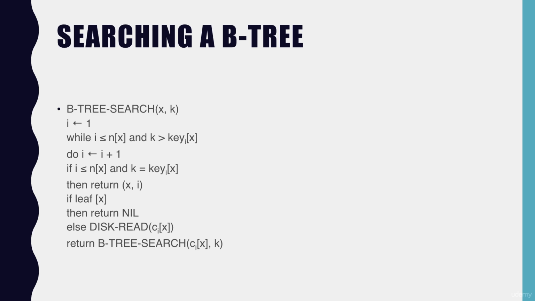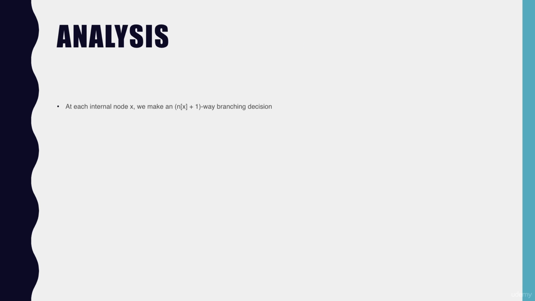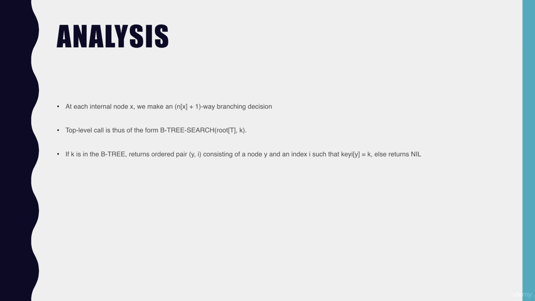The number of disk pages accessed by B-tree search is therefore theta of h, equal to theta of log base t of n, where h is the height of the B-tree and n is the number of keys in the B-tree.